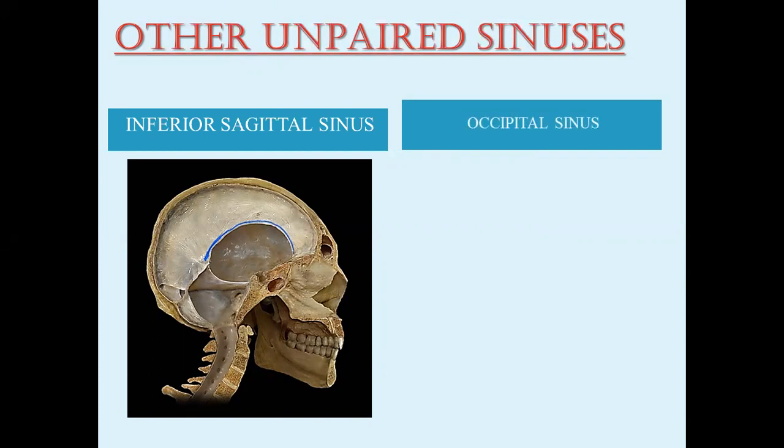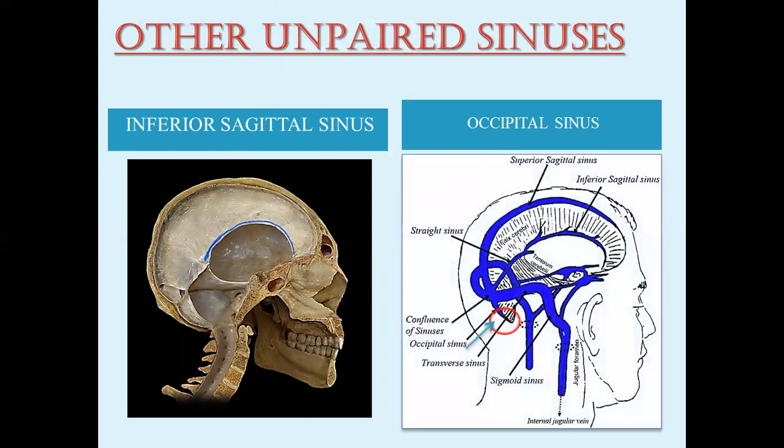Next is the occipital sinus. As the name suggests, it is in the occipital region. So it lies in the region of the tentorium cerebelli, falx cerebelli. It lies in the attached margin of the falx cerebelli.